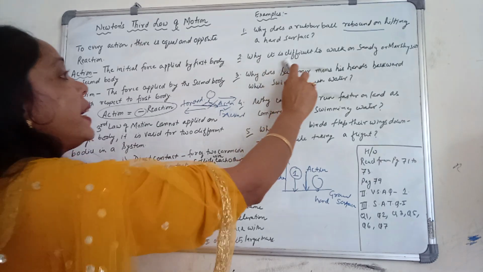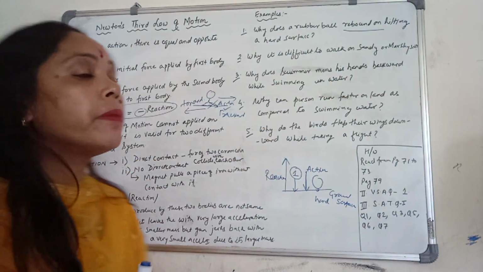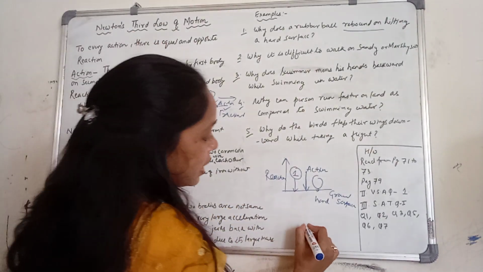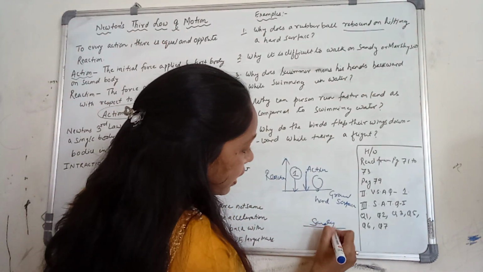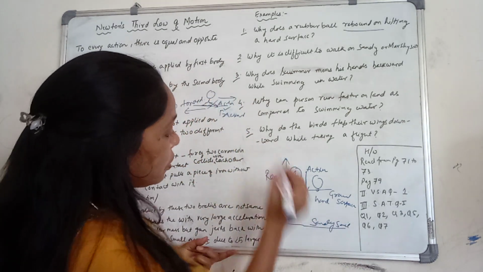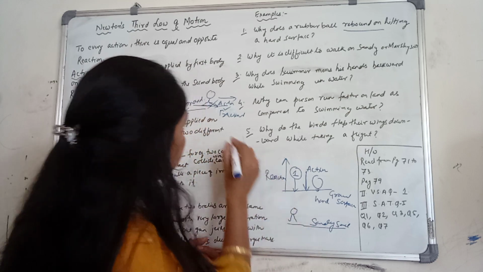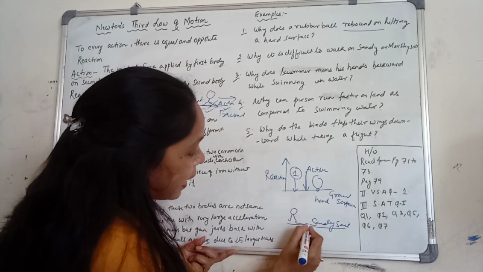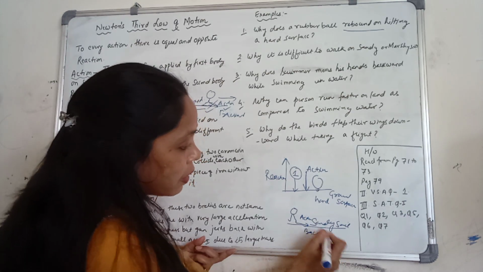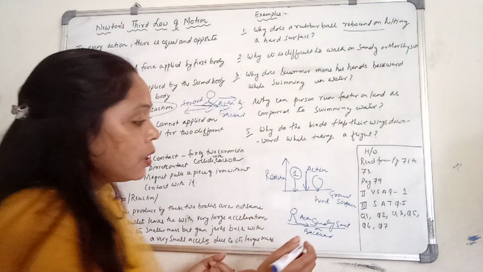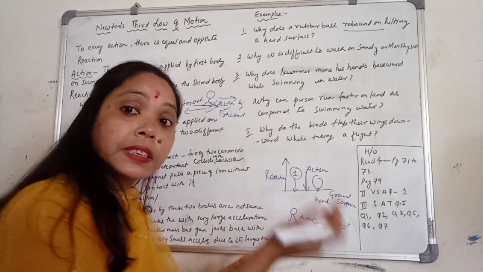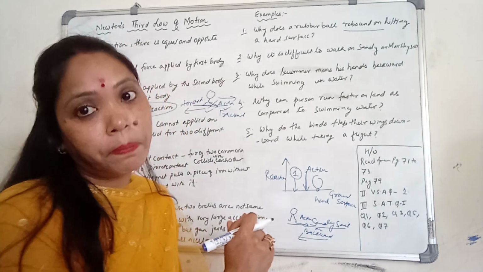Now the next one: why is it difficult to walk on sandy or marshy soil? If the surface is marshy or sandy soil, this is your sandy soil. Now whenever any person walks, the person applies the action in the backward direction on the sandy soil. So with respect to this, the sandy soil again applies some force on the feet of the person.